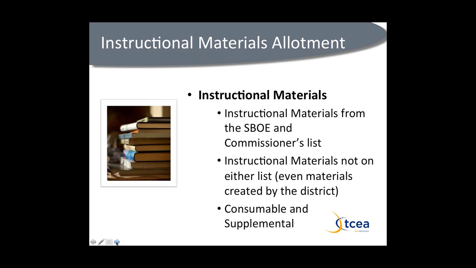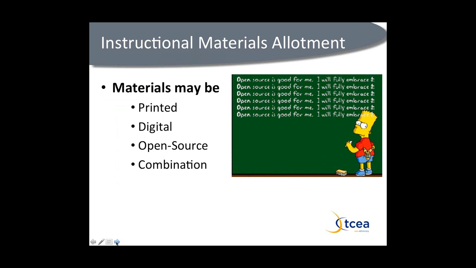They can also use these resources to buy consumables like workbooks and those kind of things, and also supplemental resources. The materials could be printed, they could be digital, they could even be open source. You may not be totally aware of what open source resources are, but usually they're free. If you've ever gone to Wikipedia, you've used an open source resource.